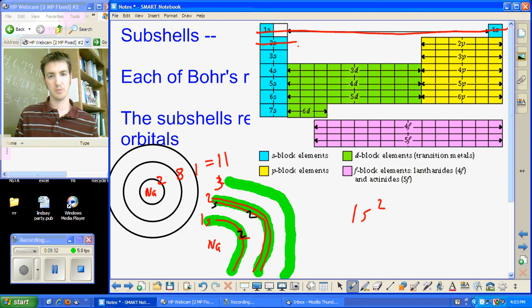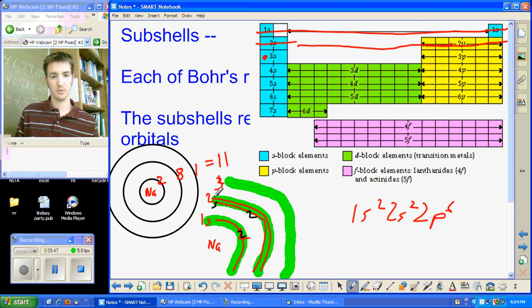And then we keep traveling across to the 2P. We're going all the way here with it. So we go all the way through the 2P. There are 6 of them there. So on here, our 2P, we would have 6.